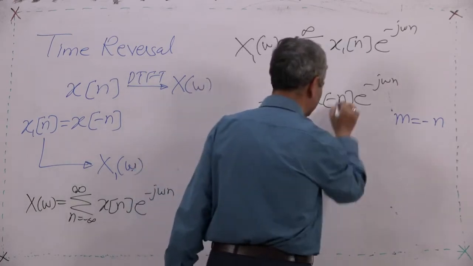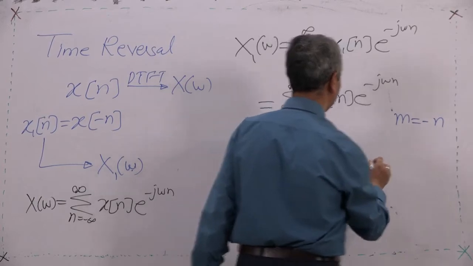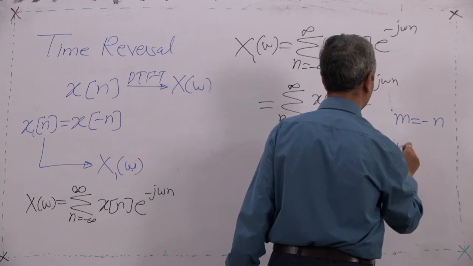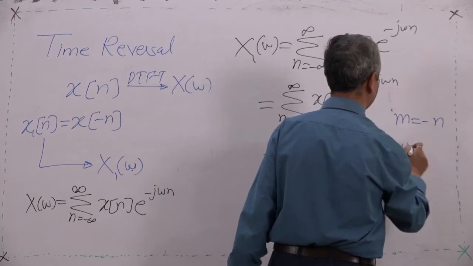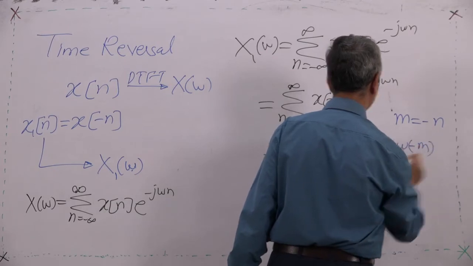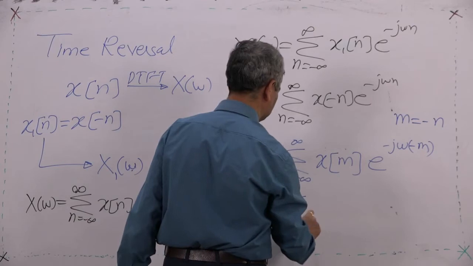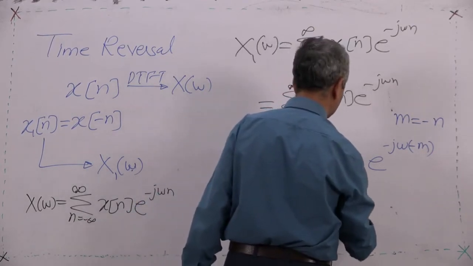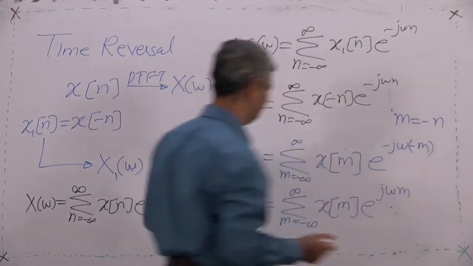Then minus n is m, x[m] e raised to minus j omega and n is minus m. So, it is just like, again, m equal to minus infinity to infinity, x[m] e raised to j omega m.